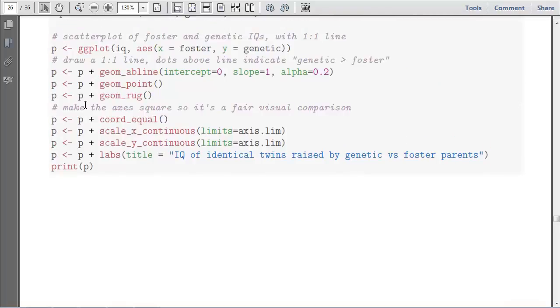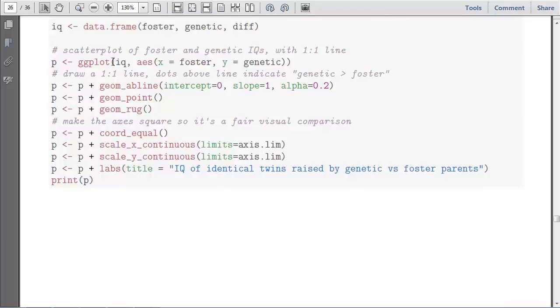There's a lot of lines here, but they're all pretty straightforward. So we're going to run ggplot, and IQ is the data frame. We're assigning the foster IQ to the x variable and the genetic IQ to the y variable, the y-axis. Where I would start, when I was creating this plot, and I went through several revisions before I got this plot, the first step is I would just create points and then print the plot.